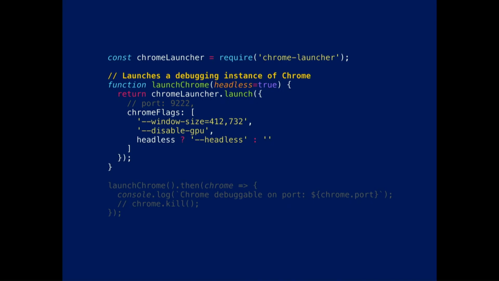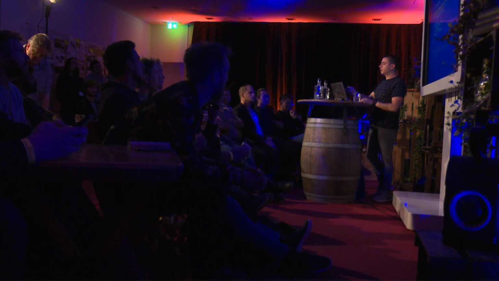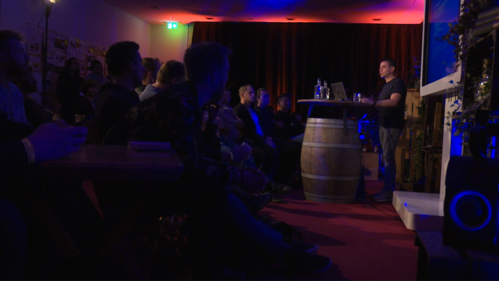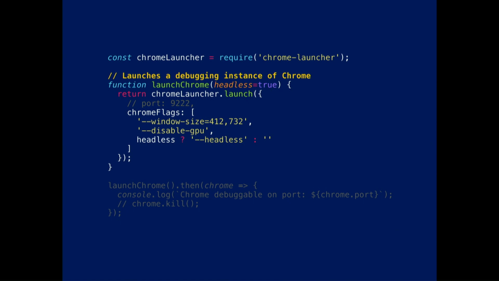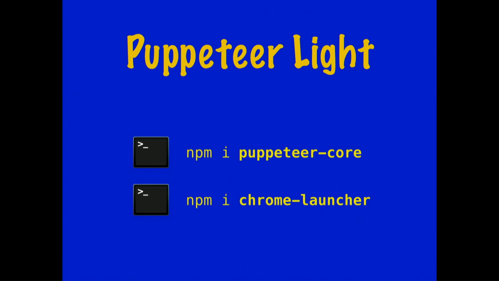It can launch it. What we are going to do is utilize these two. And the way Launch Chrome works, you provide some arguments to it: window size, disable GPU, headless. And when you launch, this is the Chrome instance. And via the Chrome instance, you can access the port, the process ID, and more.